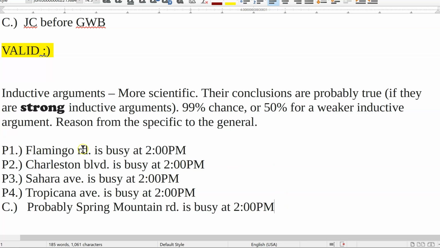So we've got Flamingo Road is busy at 2 p.m. Charleston Boulevard is busy at 2 p.m. Sahara Avenue is busy at 2 p.m. Tropicana Avenue is busy at 2 p.m. So we can reasonably conclude probably Spring Mountain Road is also busy at 2 p.m.